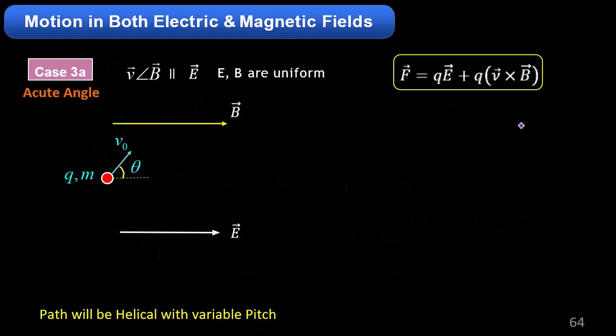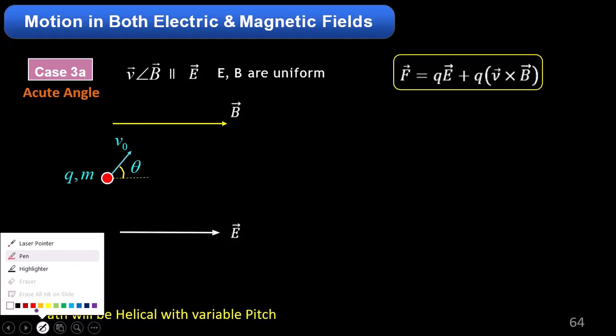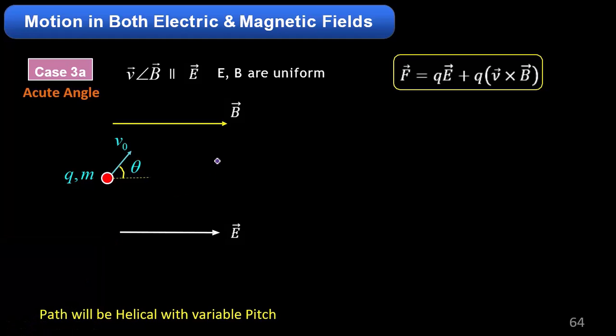Now if I make it at some angle, then the only thing is that you have to take care of the component which is perpendicular to the magnetic field for the formation of the radius. So V perpendicular is V naught sin theta.